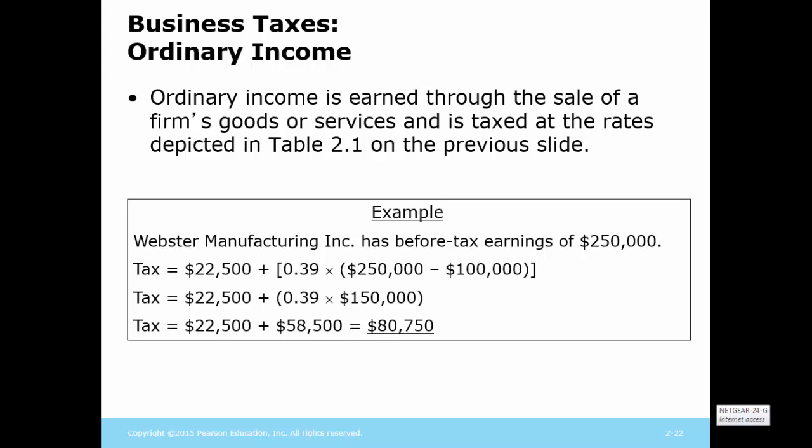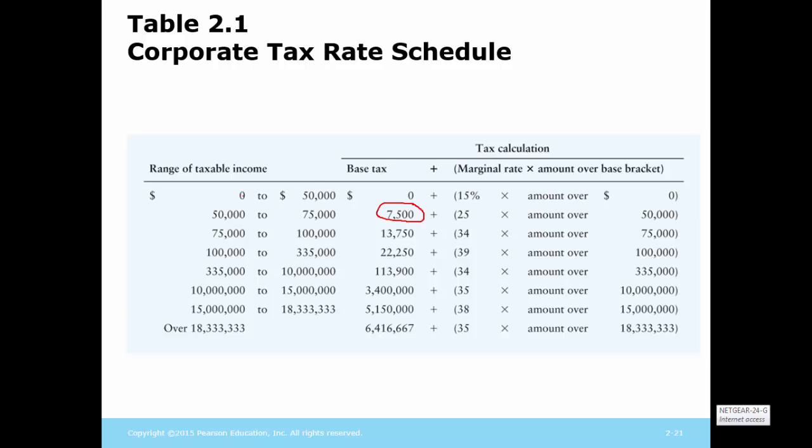So let's look at exactly how this works. Again, a couple more examples to get the hang of this. We have before tax earnings of $250,000. So let's go back and look at our table. Here's the table. We made $250,000, so it's on this row. So how do you figure that tax? Here's the calculation, the formula. It's $22,250.